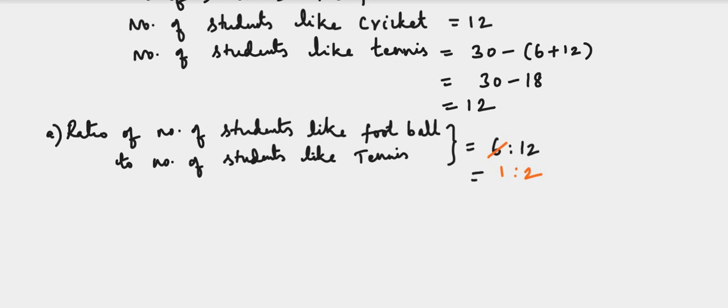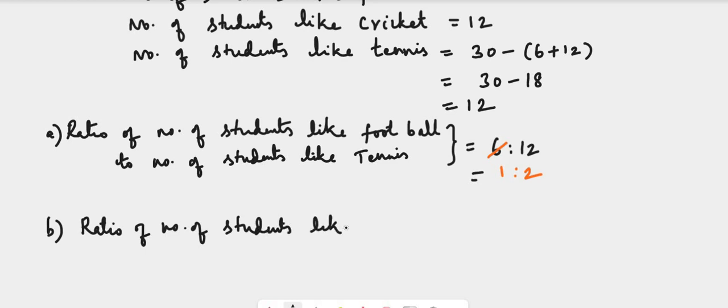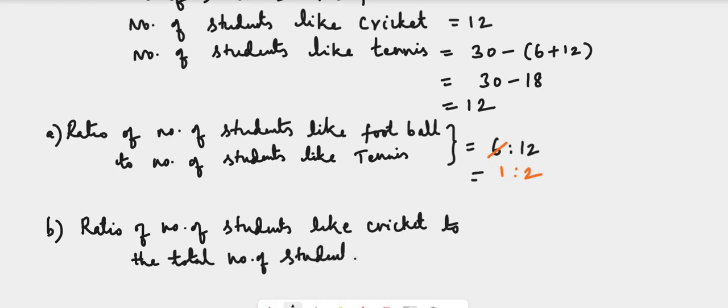So, if you calculate B, ratio of number of students like cricket to the total number of students is equal to, number of students like cricket equal to 12 and total number of students are 30.